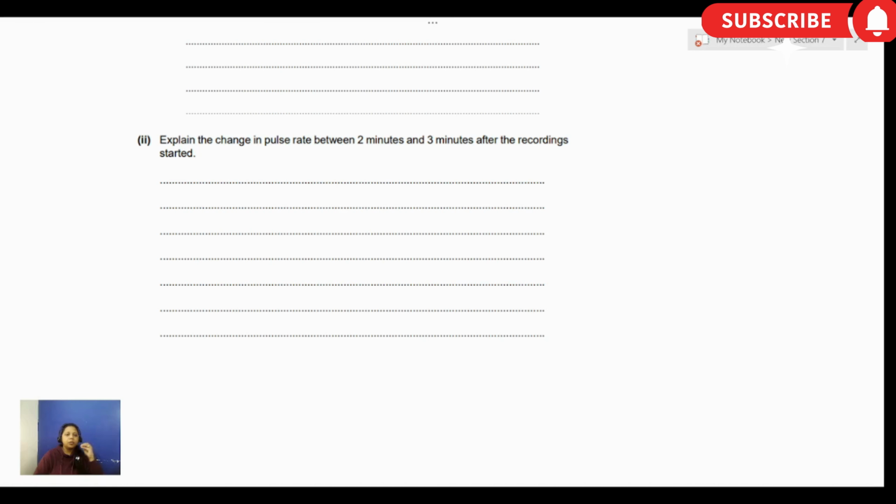Let's say first is the muscles one. Muscle contraction, muscle movement. It needs oxygen, so blood is transported more rapidly to provide oxygen. Okay, this is point number one.